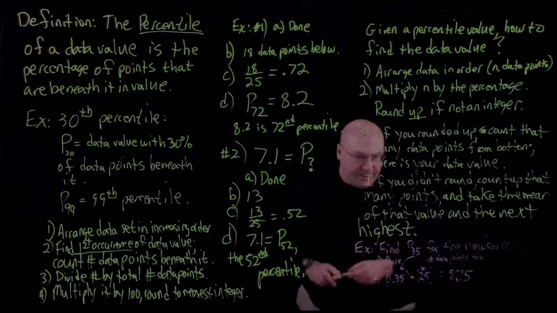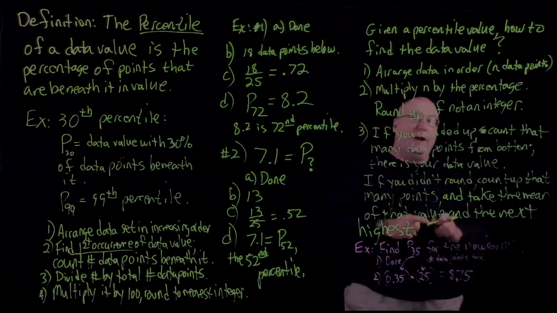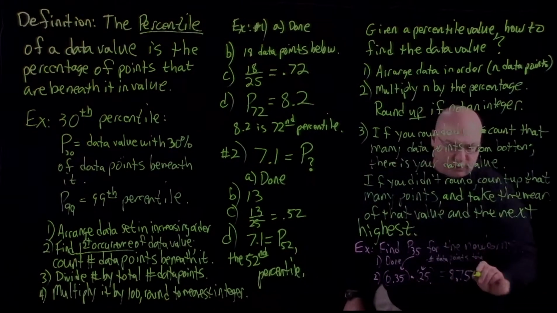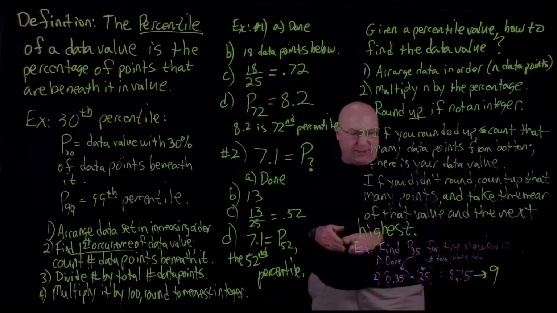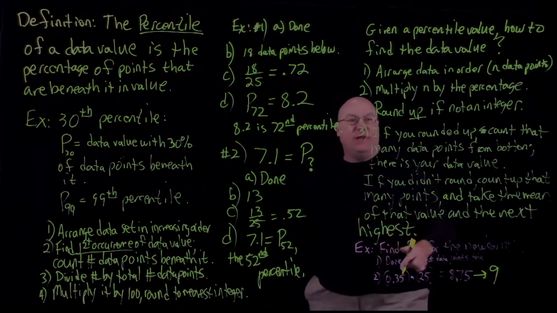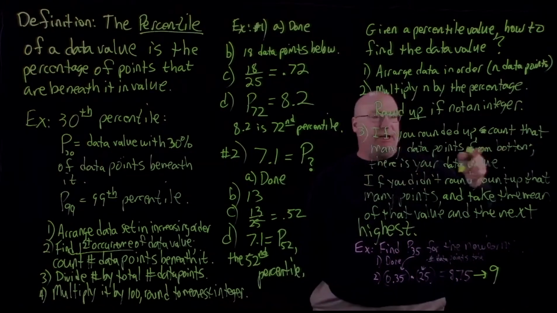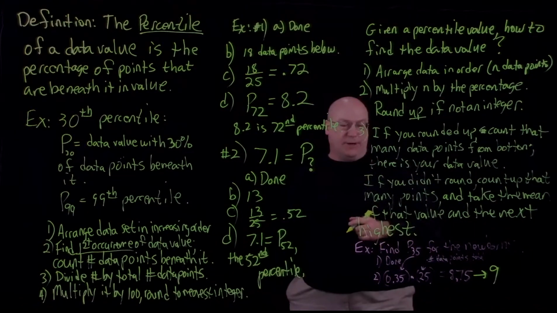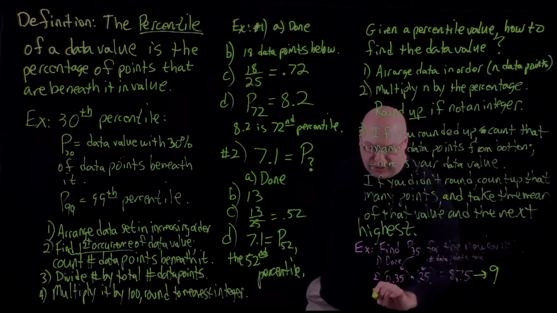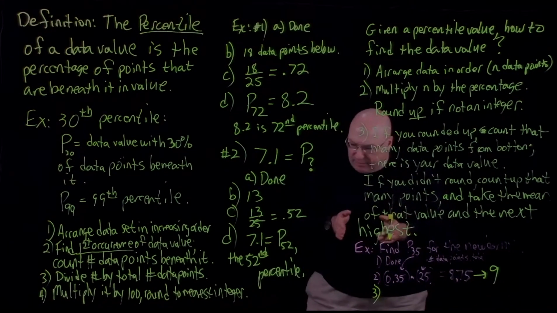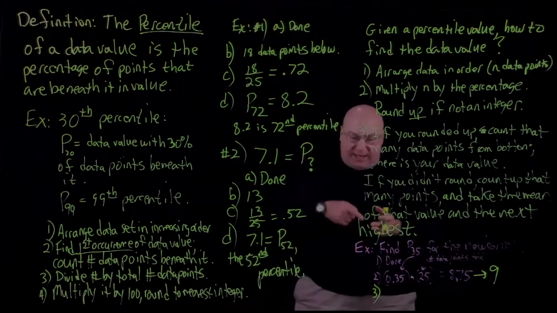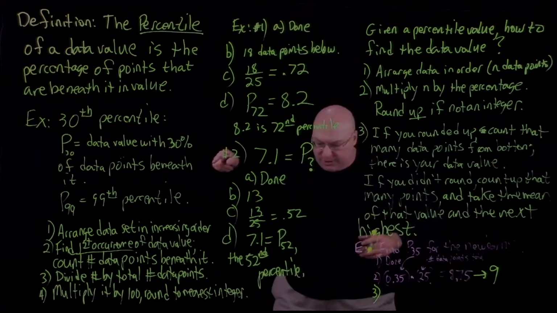All right. So now what? Round up, if not an integer. So we round up to 9, a count of 9. Then what? If we round it up, count that many data points from the bottom, and there's your data value. So step 3, I start from the lowest point in my ordered set of data, and I count 1, 2, 3, 4, up to the 9th one.